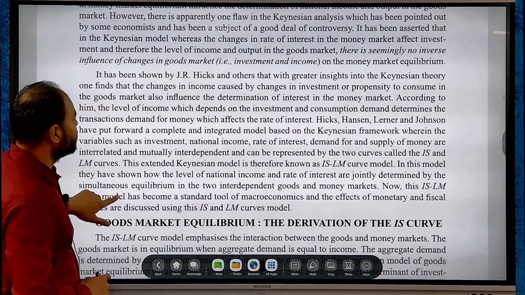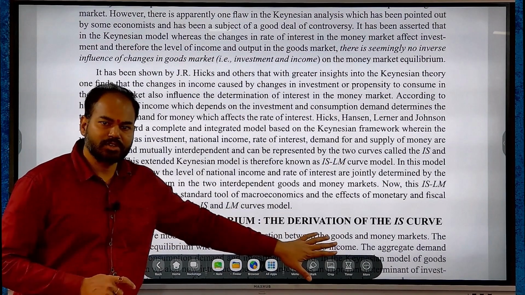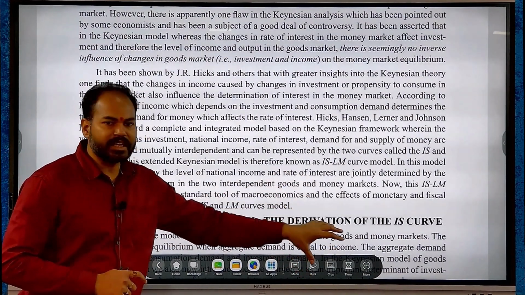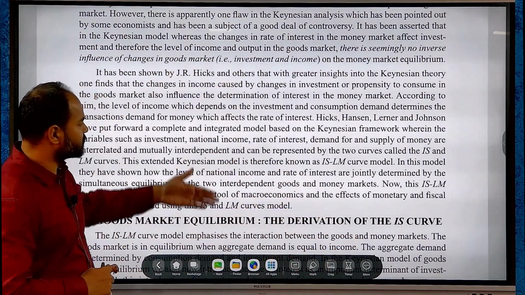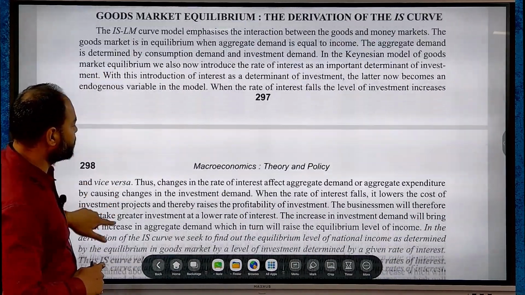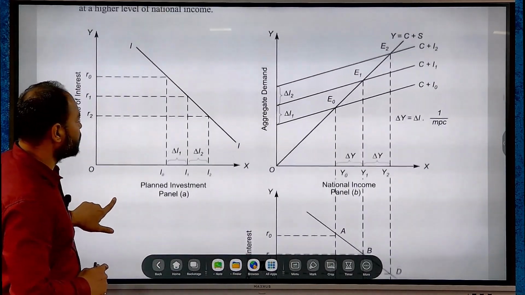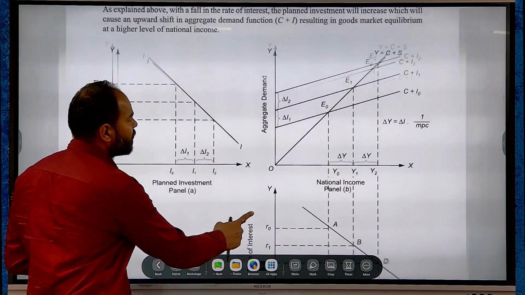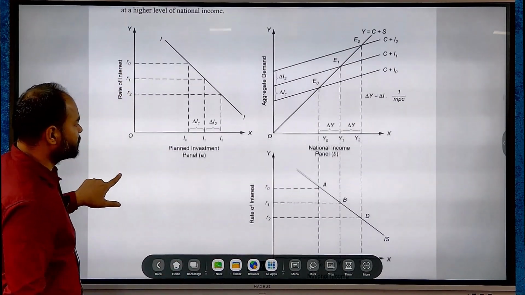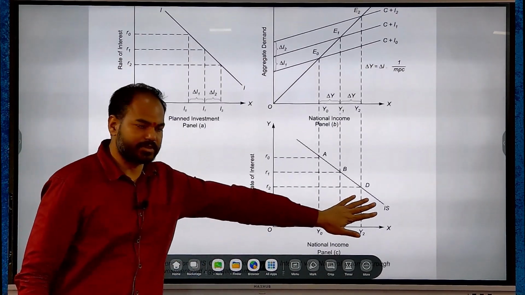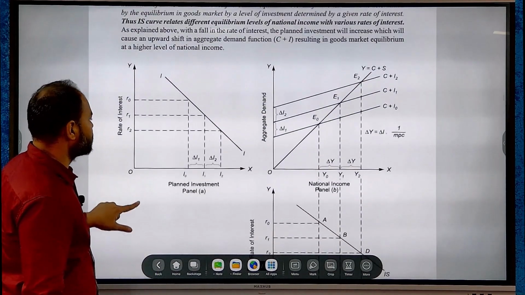Okay, so let's come to the explanation of the graph, and within the explanation of the graph I will also discuss what is written in this part. Here you can see a graph where the IS curve has been derived. Let's see the derivation part.